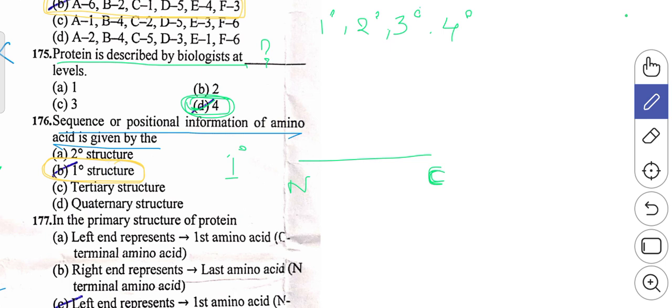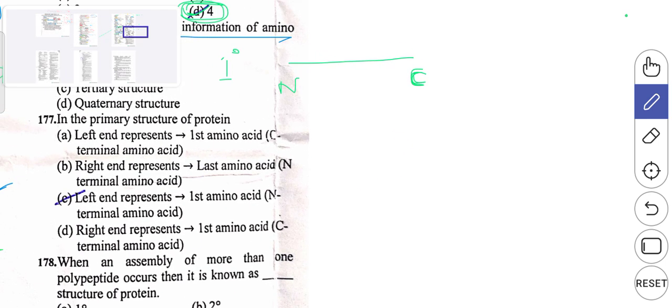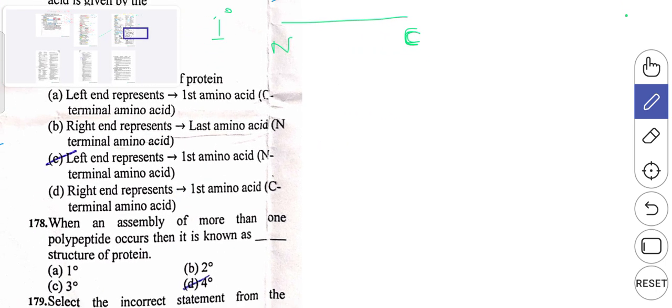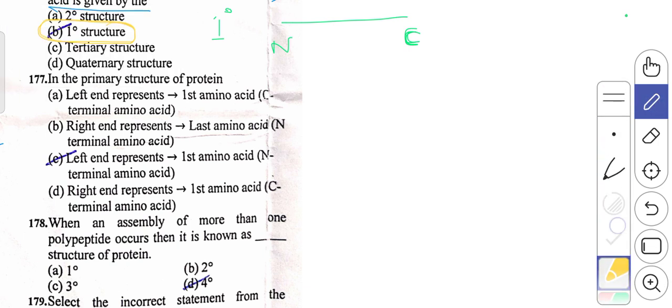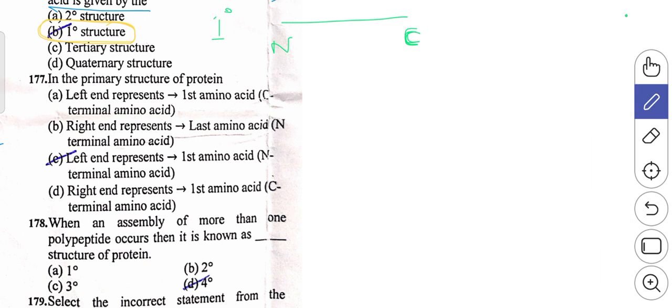In this primary structure, we can know the arrangement of amino acids. The first amino acid will be considered as the N terminal, and the last amino acid will be considered as the C terminal.